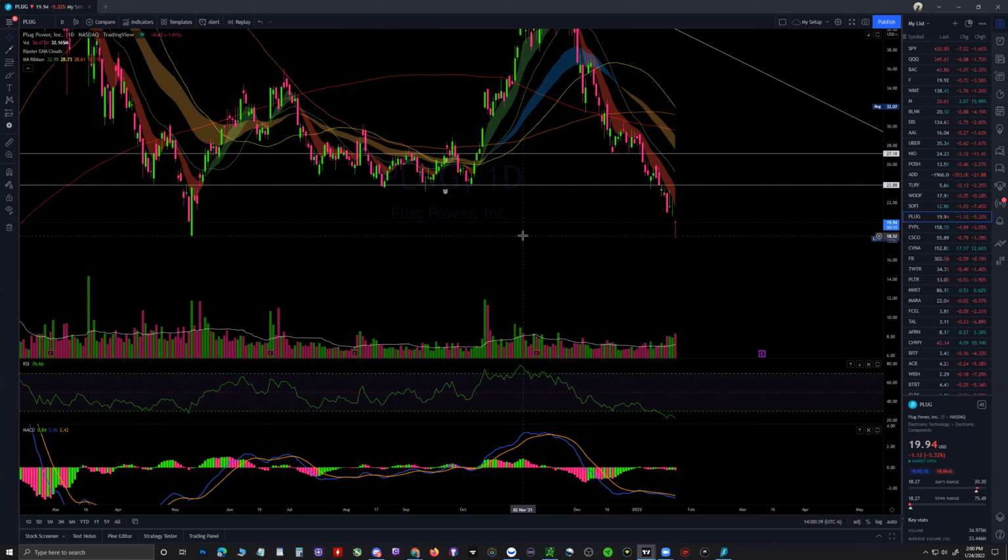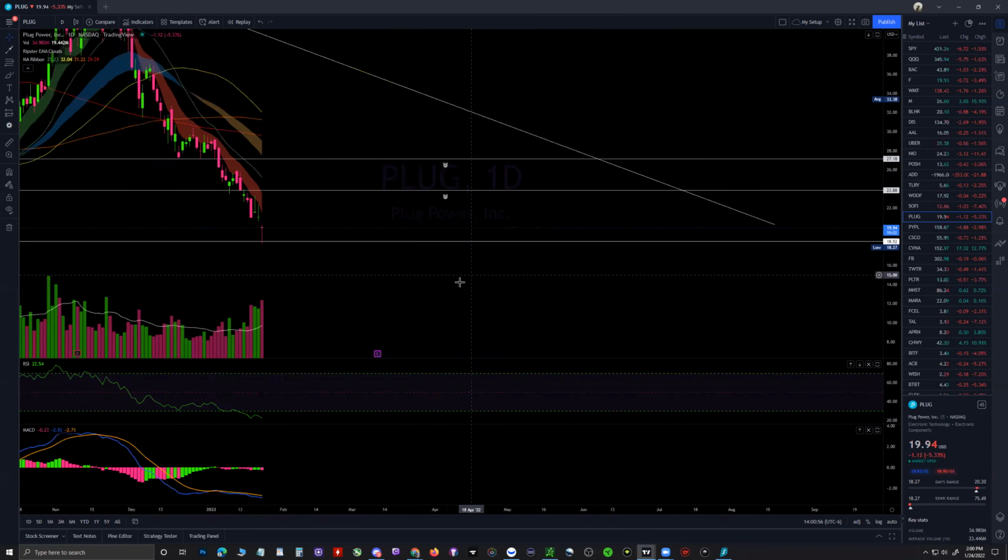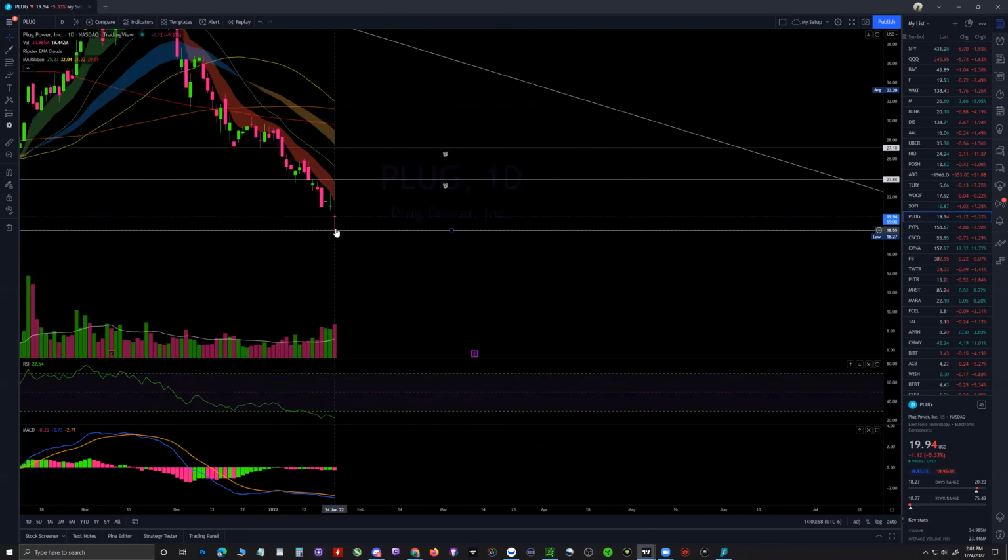I'll tell you what I see here. What I see here is strong support right here. Make that a solid line. I see a doji candle with a strong buyer's wick, which many times after a downtrend will signify a reversal.